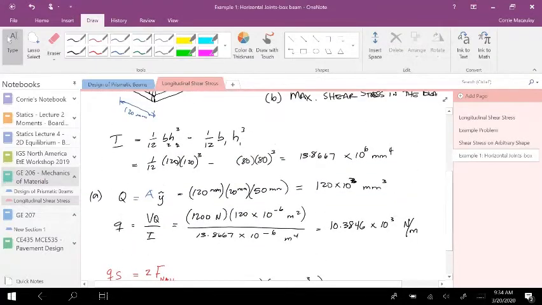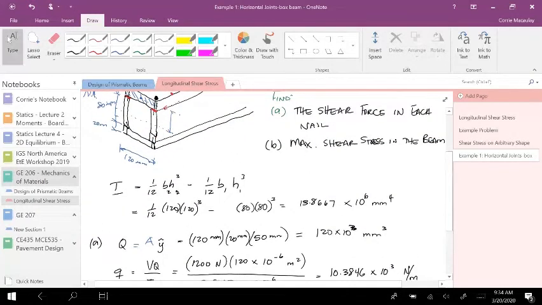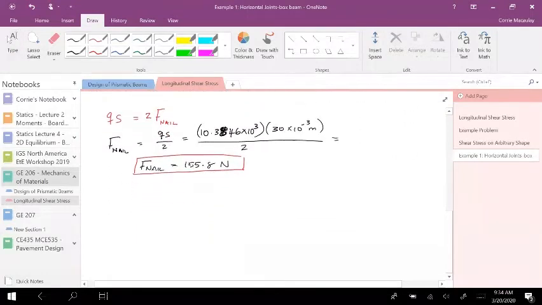And if we want to quickly do B, calculate the max shear stress in the beam, where would the max shear stress occur? So I want to calculate maximum shear stress.